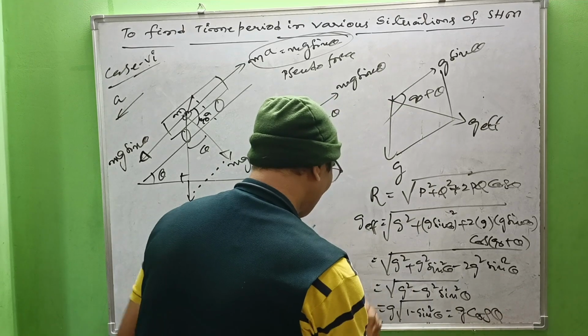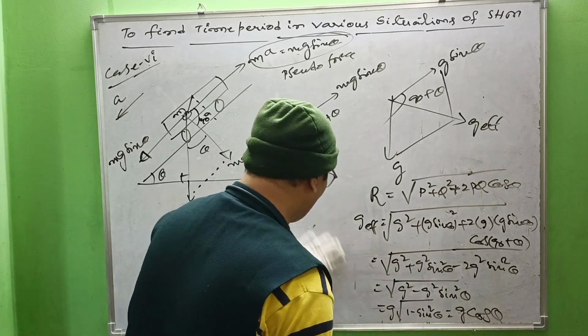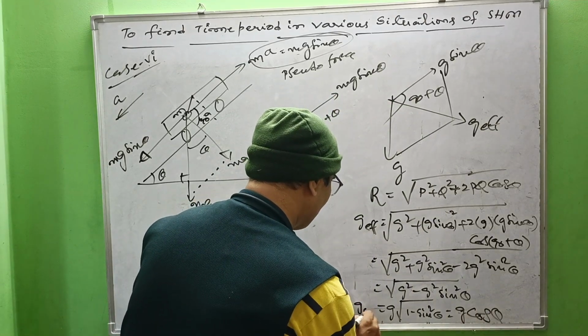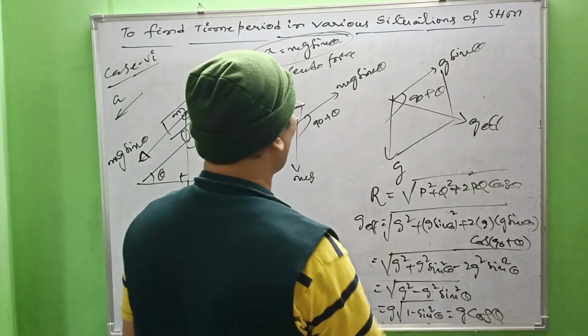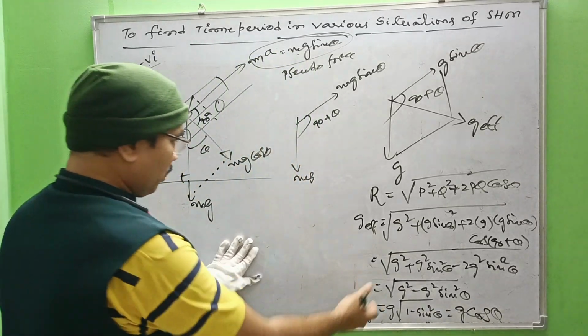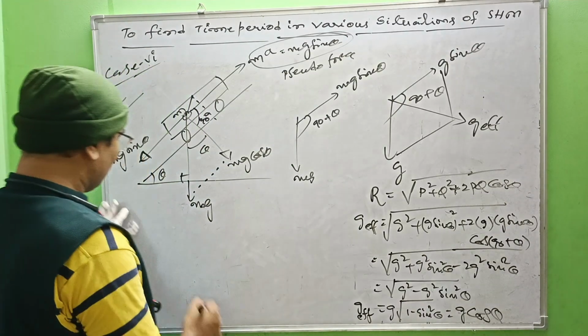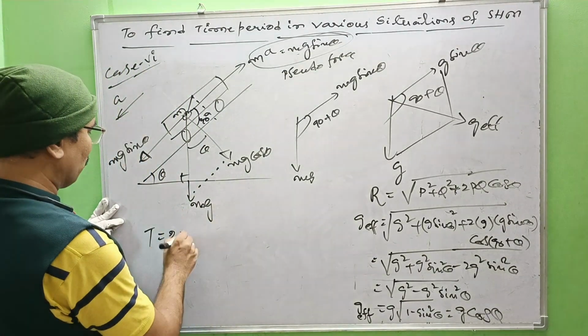So what is g effective in this case? g effective equals g cos theta.